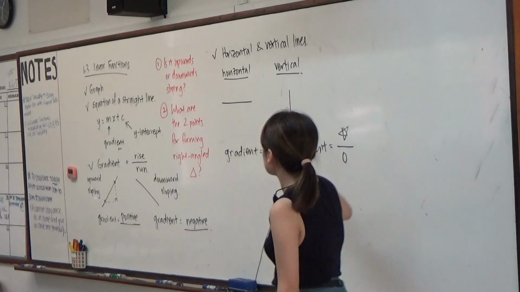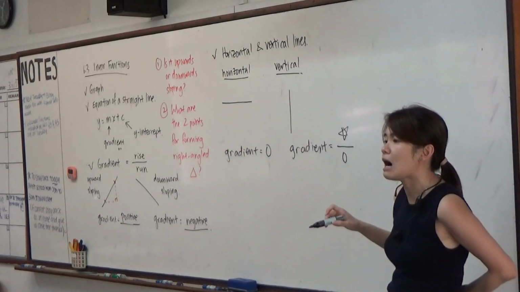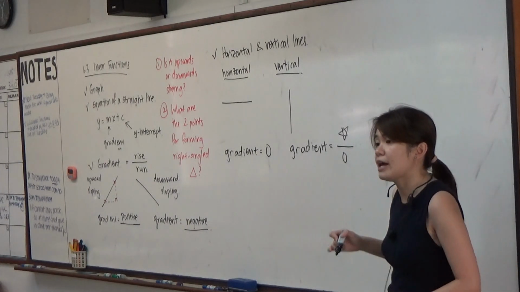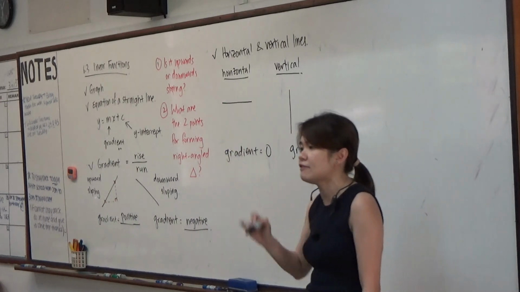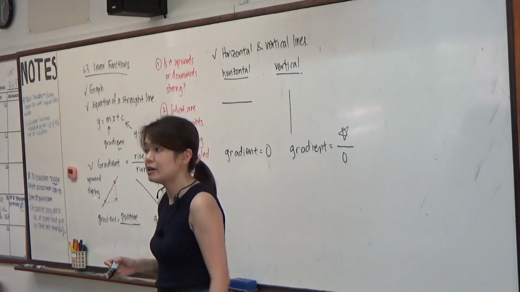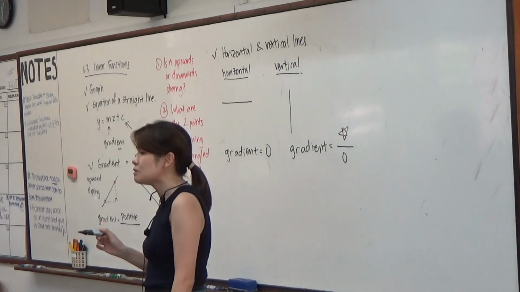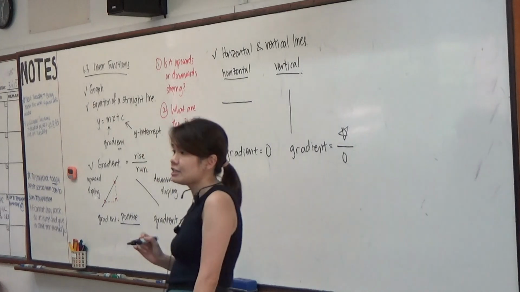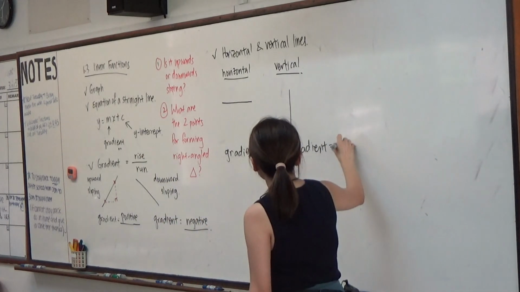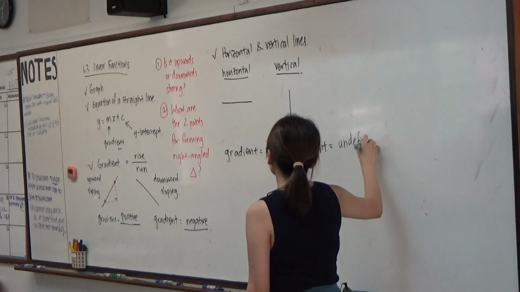If I take something to divide by 0, what is the outcome? Is it 0? Can you check your calculator? You take 2 divided by 0, 3 divided by 0, what do you get? Math error. It's a math error. Okay? Math error doesn't mean a 0, it's just undefined. There's no definition to it, there is no number to it.